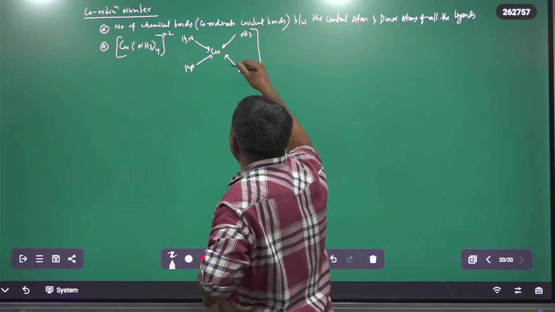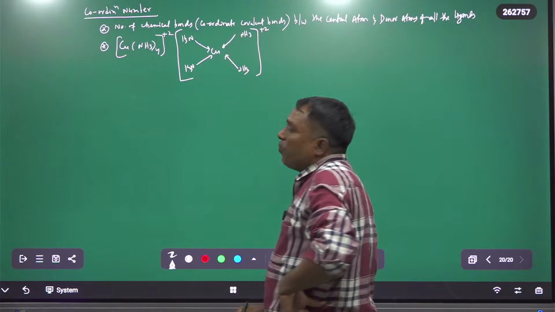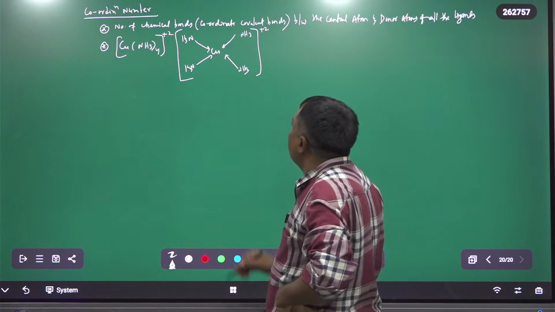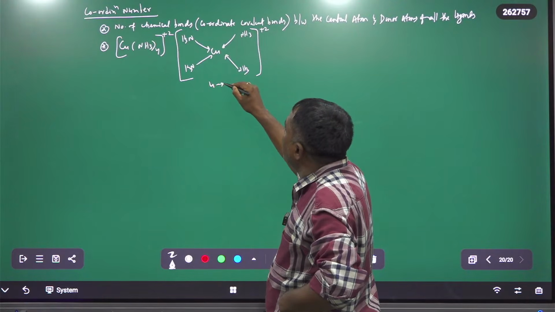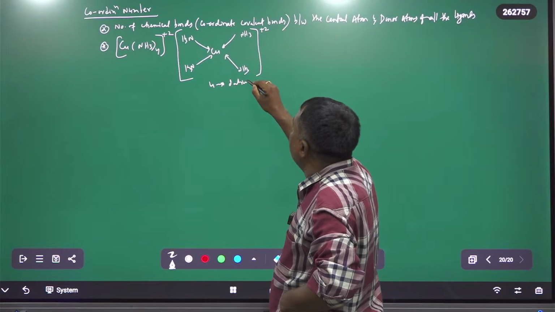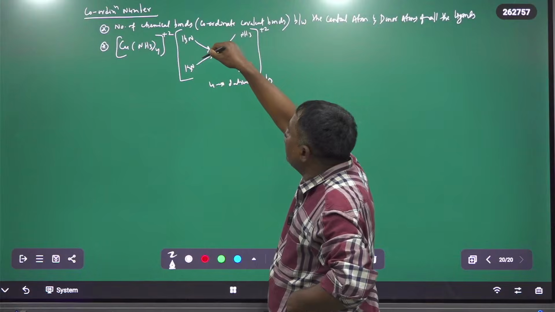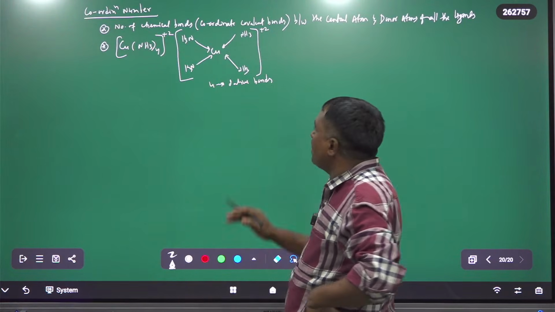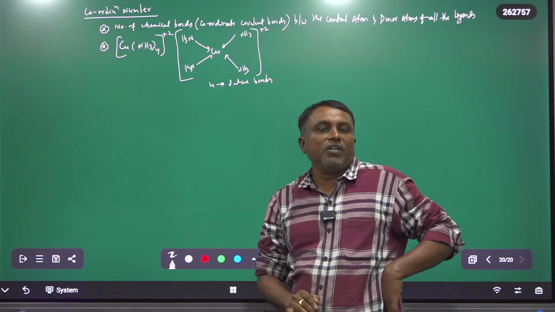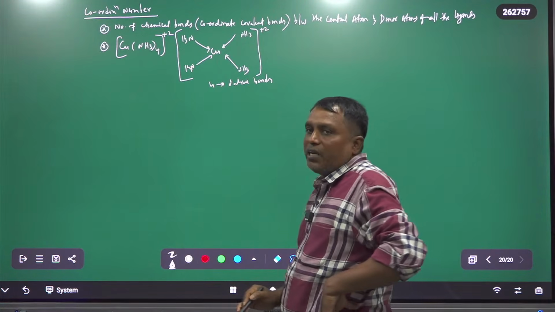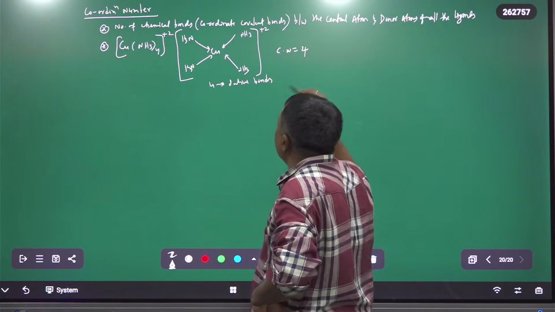Therefore there are 4 coordinate covalent bonds between the copper central atom and the 4 NH3 ligands. Therefore the coordination number in this case is 4.